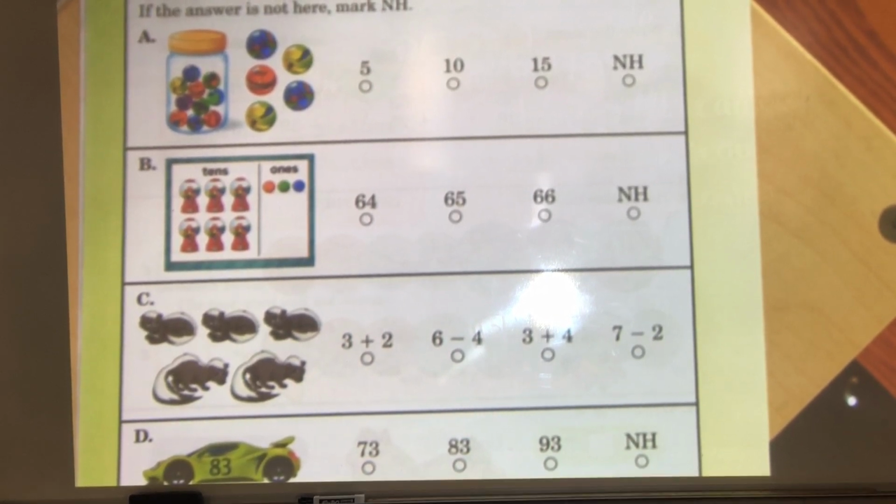Look at row D. Mark the number that is 10 more than the number on the race car. If you cannot find your answer, mark the space an NH for not here.